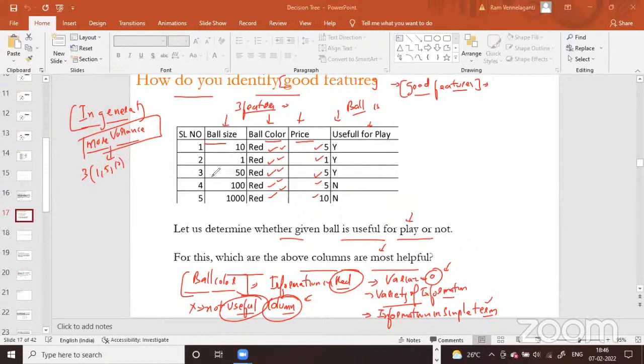Ball size, if you see, has 5 different values: 1, 10, 50, 100, and 1000. So which column has more variance, more variety? Clearly, ball size has more variety of information.